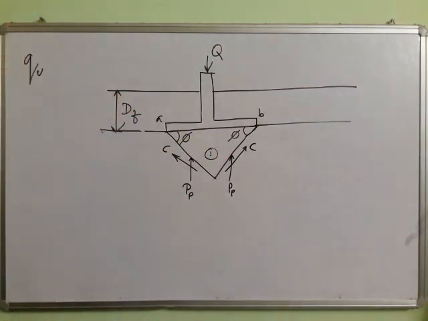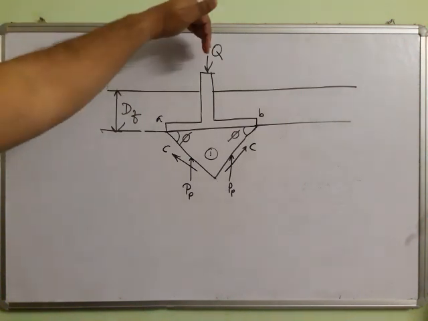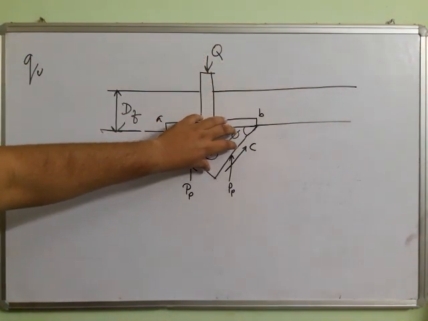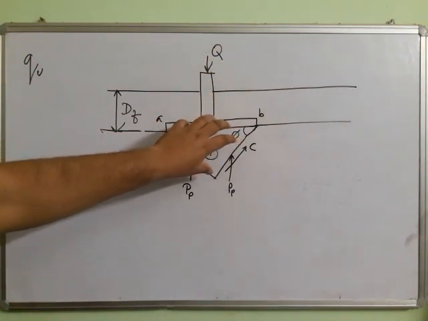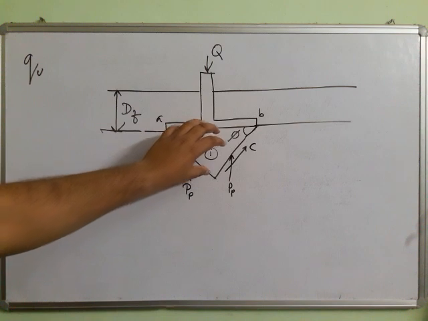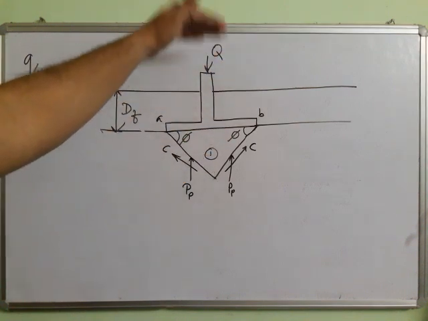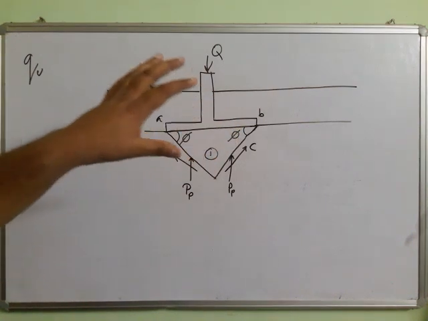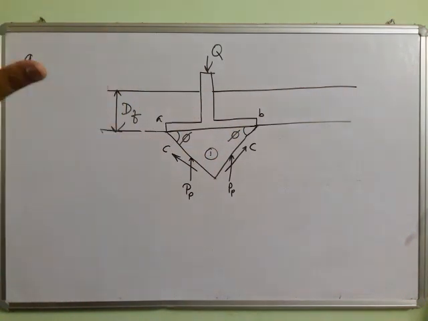The forces that were causing the failure were this load plus this load, because this is considered as a part of the footing. Whatever weight is here will be the force causing failure only, because this footing load and this load will be the disturbing force causing failure.